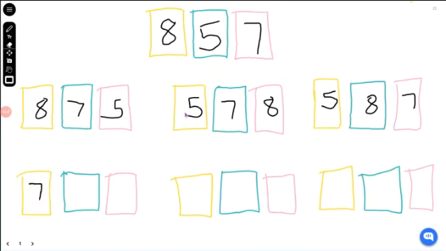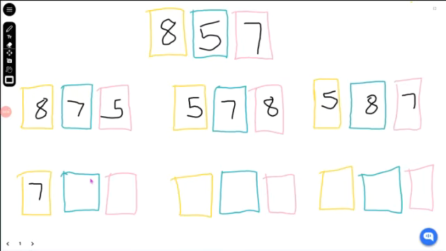And if we're moving the numbers across to the left, if we look here, we've got 5, 7, 8. So what number do you think is going to go next if we're looking at this combination here and we're moving the numbers over to the left? That's right. So we need to move them over to the left.